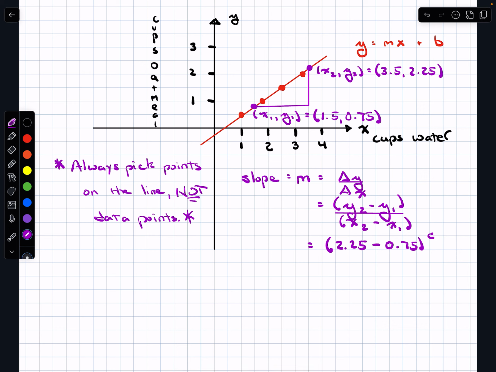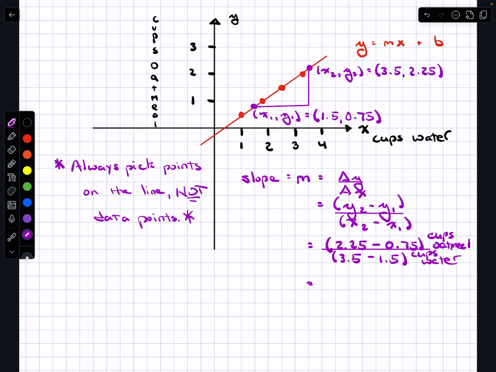Now, the y-axis has units on it, which we've got to take into account. That's cups of oatmeal. All right, so let's look at our x values. x2 is 3.5 minus x1, which is 1.5. And again, our x-axis has units of cups of water.